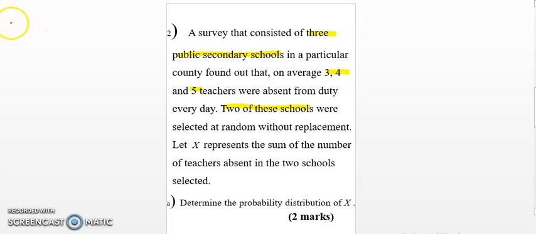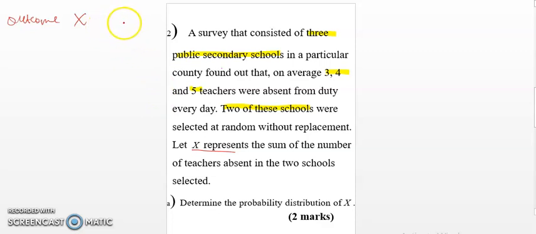So we are going to have our outcome. We are going to have our X as indicated to represent the sum of the number of teachers, and we know sum is addition.